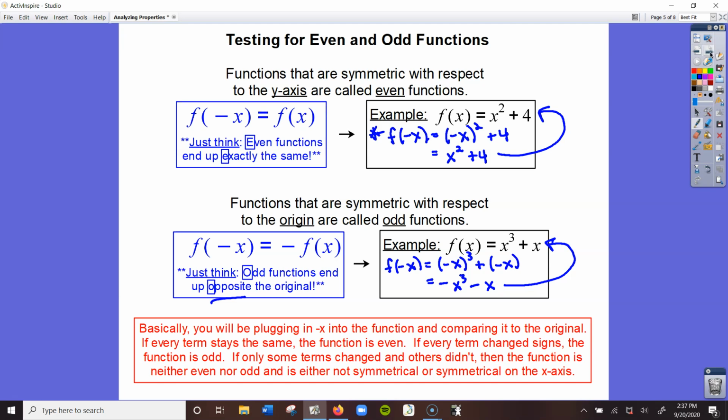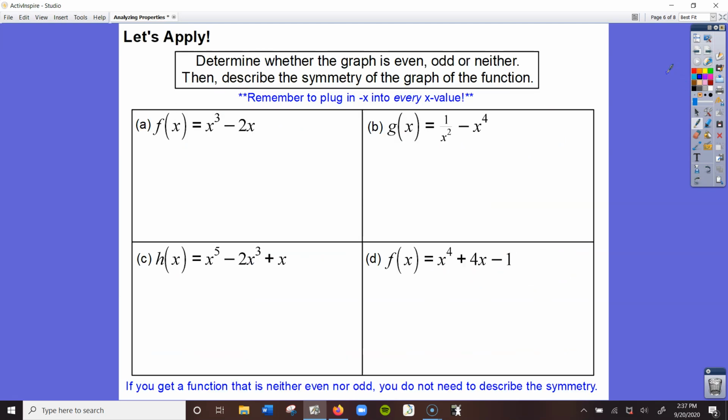But for the rest of these functions, when you're testing whether it's even or odd, you will also be required to let me know what kind of symmetry it has. So let's start with this first one. We have f of x is equal to x to the third minus 2x. Algebraically, when we're testing for even or odd, we're going to plug in negative x. That would give me negative x cubed minus 2 times negative x.